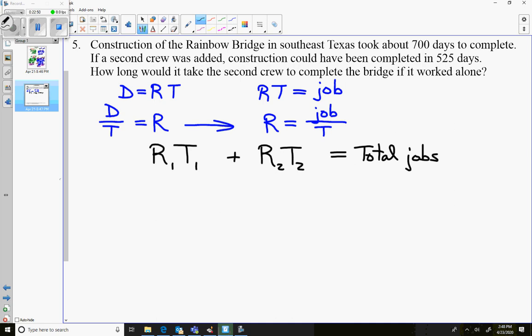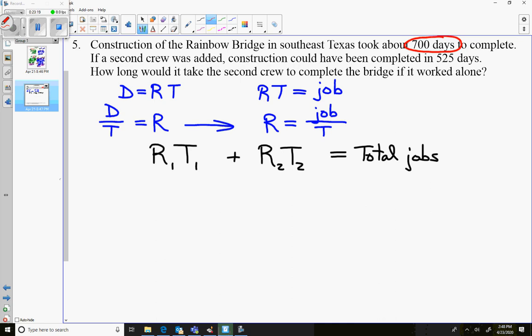Now, in this case, the trick to these problems is fully understanding what you're looking at, because this right here says 700 days. When you read that, you should immediately think it's talking about the time, 700 days, but it's not, and that's where the problem is tricky.